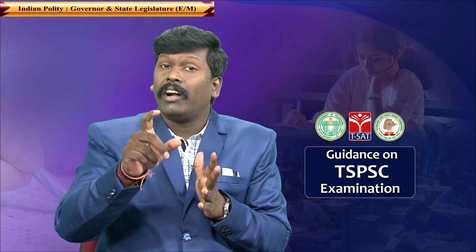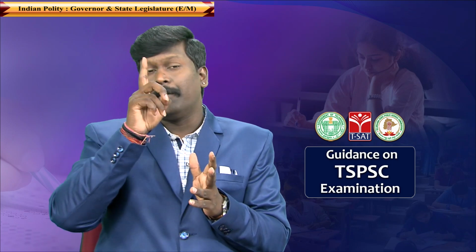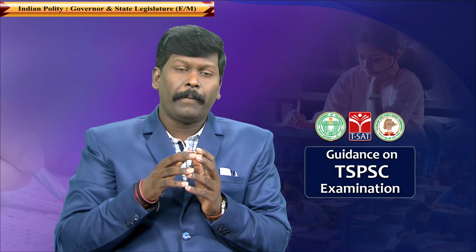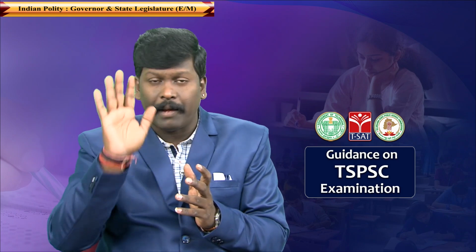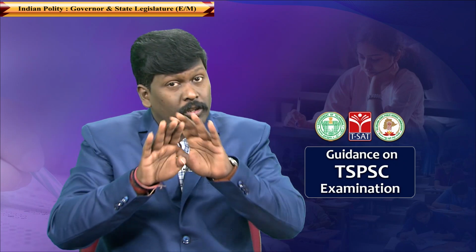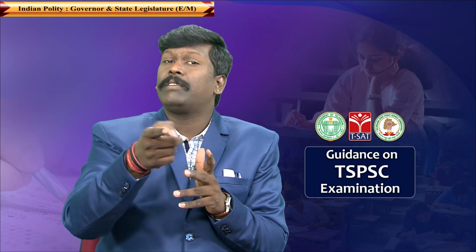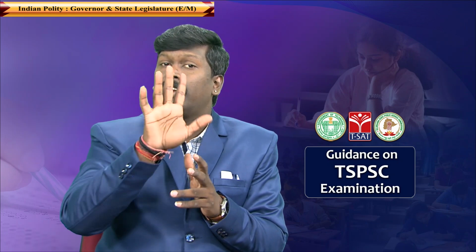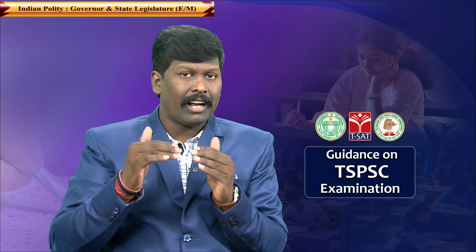If he is not able to prove his majority, the governor can remove the CM any time. So the term of the CM is not fixed, and the CM can be removed any time by the governor if he is not proving his majority in assembly. I hope you got the clarity.